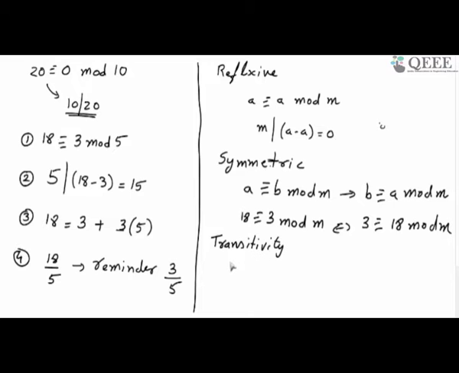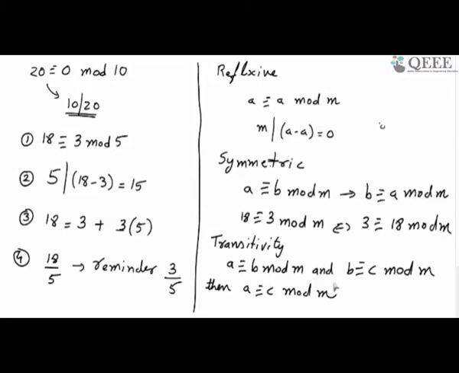Okay, so if A is congruent to B mod M and B is congruent to C mod M, then A is congruent to C mod M. And you can verify this easily.